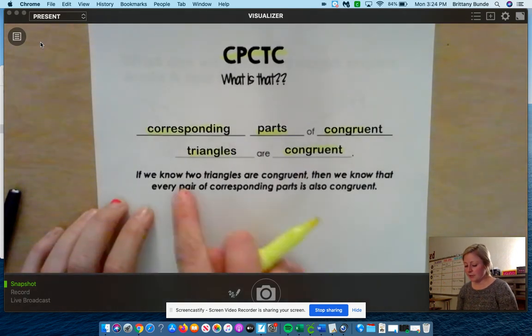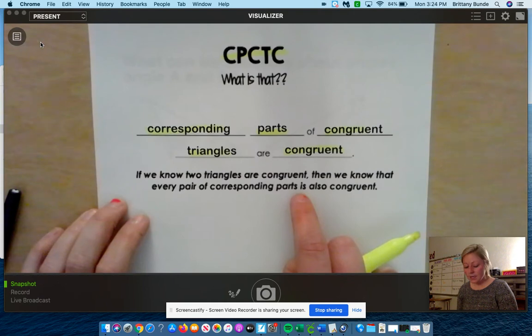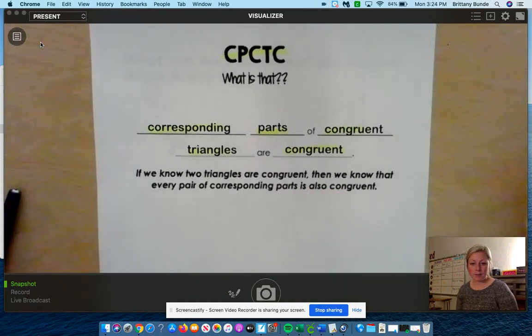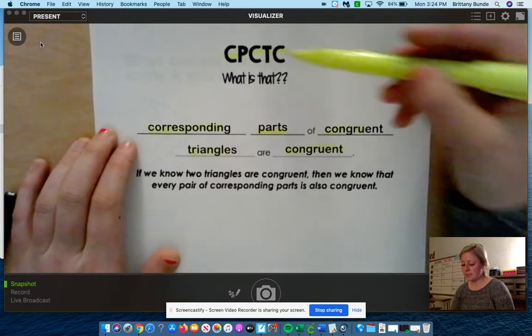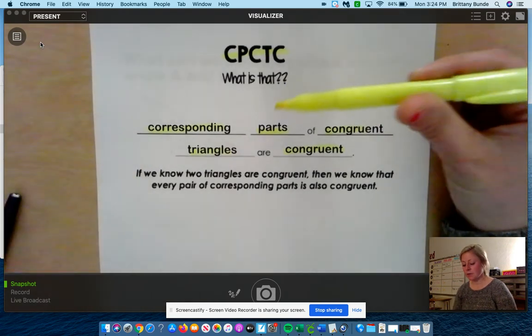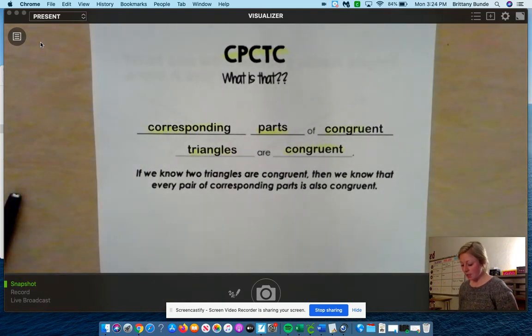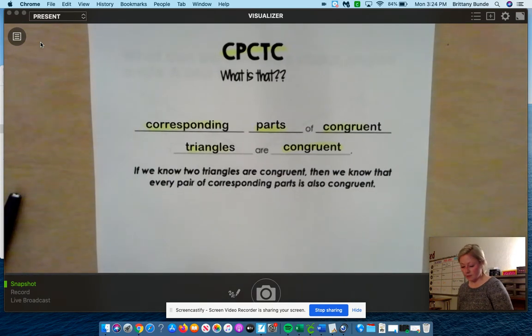It's important because if we know two triangles are congruent, then we know that every pair of corresponding parts are also congruent. So this will be helpful when we are solving for missing variables and things. So again, CPCTC stands for corresponding parts of congruent triangles are congruent.